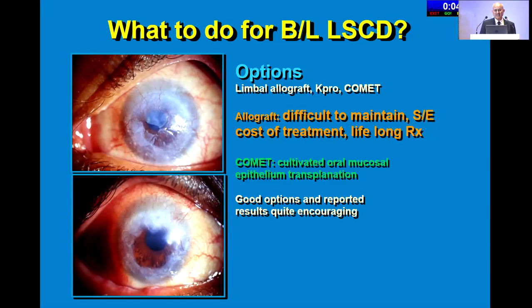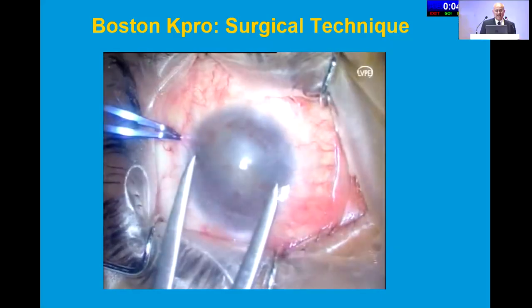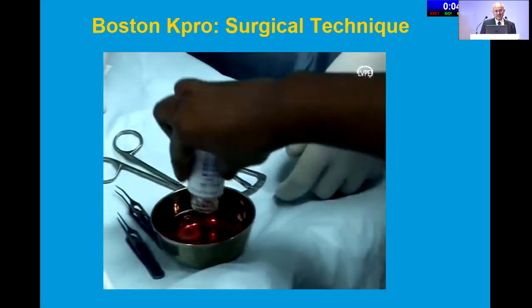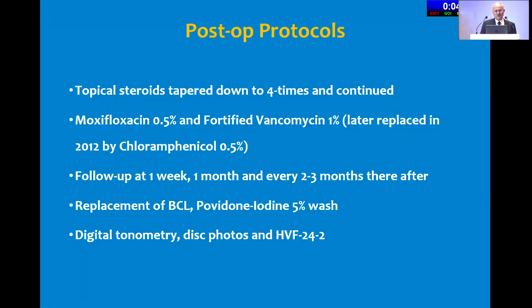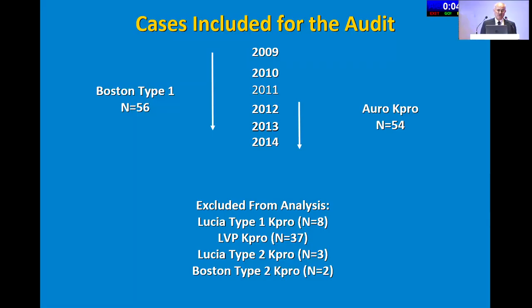For bilateral limbal stem cell deficiency, there are different options, like K-Pro is one of them, and this is done extensively starting in 2009. This is a brief video clip I'll skip, and these are the post-op management. So we have two types of K-Pro: Boston type 1 K-Pro from Boston, Oro K-Pro from Aurolab, and Lucia, another version from Boston type 1. We have been doing this technique since 2009, both.